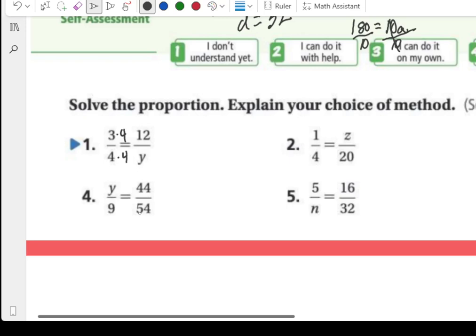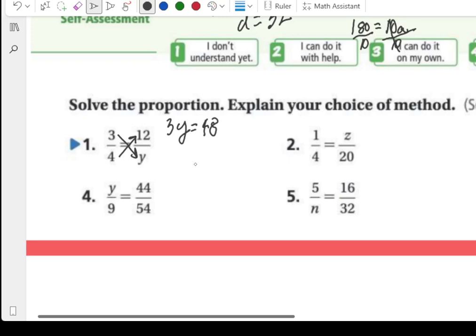If you don't like that method and you can't figure out what it is, you can always just cross multiply. You could cross multiply on all of them if you want to. Like right here, 3 times y is 3y, and then 4 times 12 is 48.